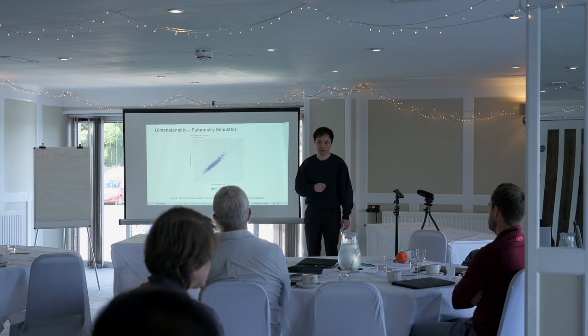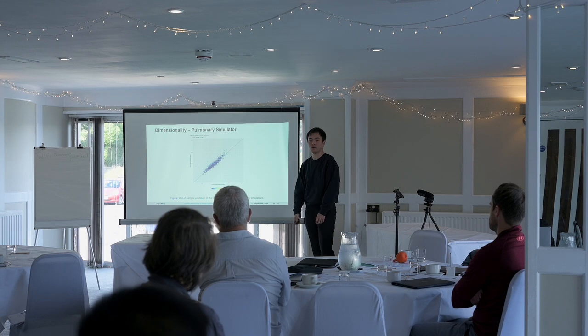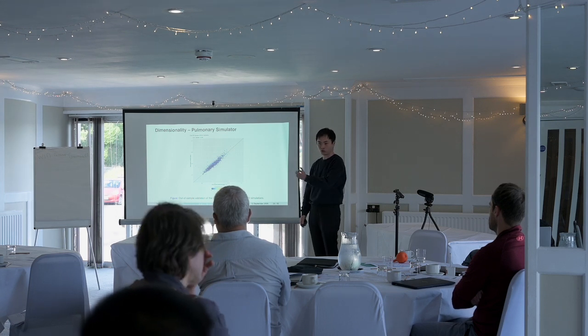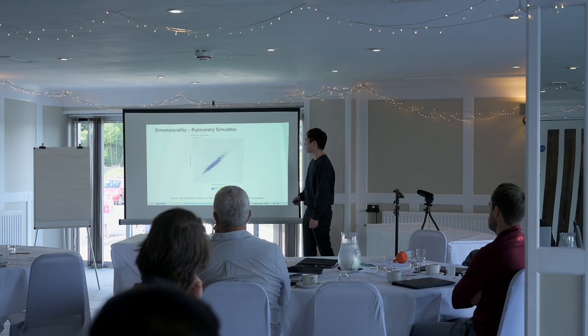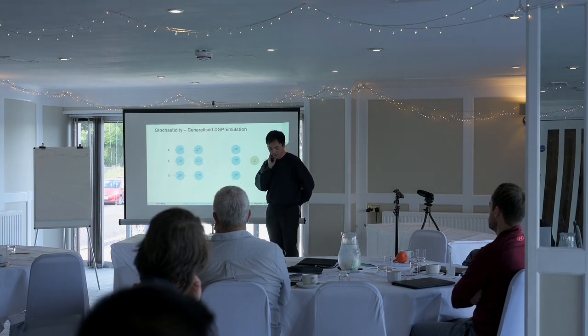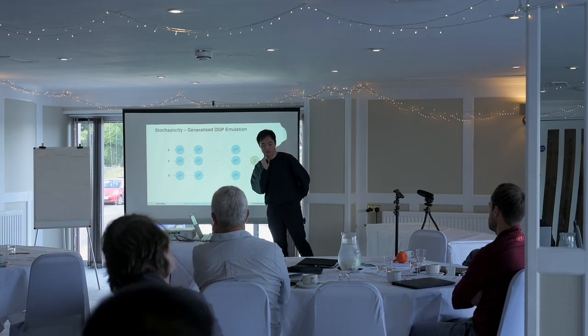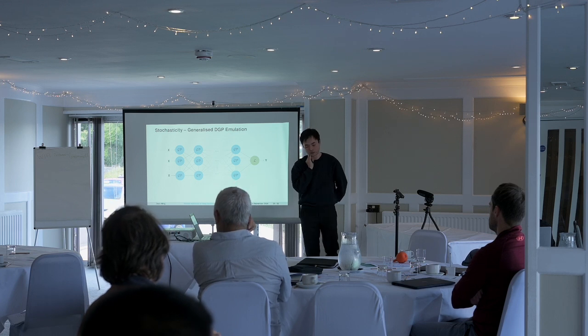given the nature of this computer model, which is a compartment model, and on each compartment you have a smaller dimensional input. And finally, I want to discuss the stochasticity of the deep Gaussian process. This is a recent development of the approach.